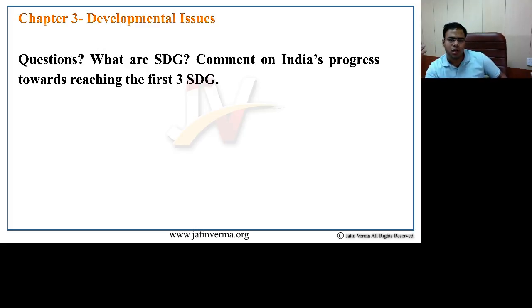So if you are able to come up with statistics, then you would be able to showcase how India has been doing on the first 3 SDGs. One must note that Niti Aayog is the body responsible to ensure that India reaches its Sustainable Developmental Goals.